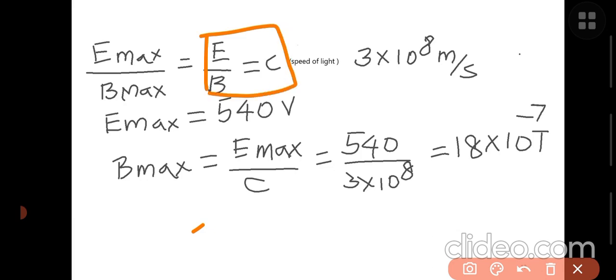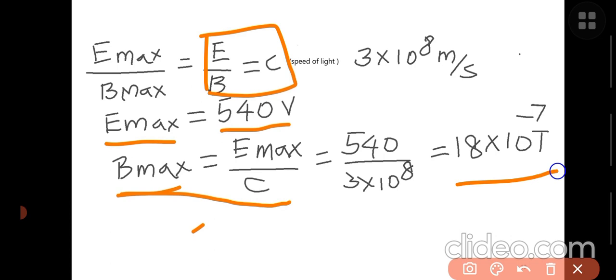Using this formula, we find B max, where E max is 540 volt from the given expression. Substituting the values of E max and C, we get 540 divided by 3 times 10 to the power 8. As a result, we get 18 into 10 to the power minus 7 T.